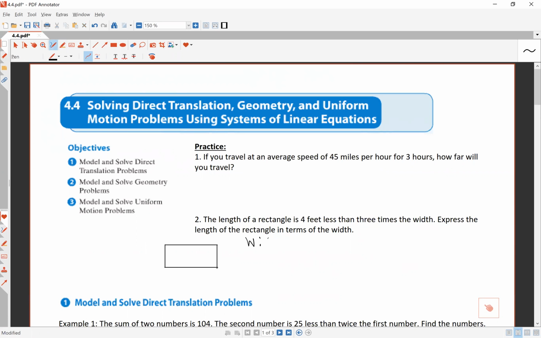So if W represents the width, then the length will be equal to 4 feet less than 3 times its width. The width is W and the length is 4 less than 3 times that width.